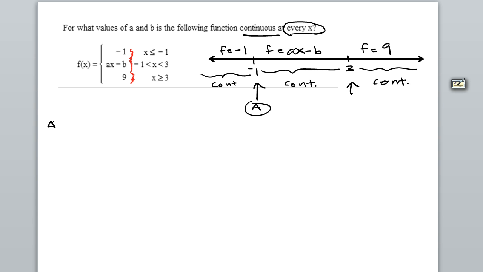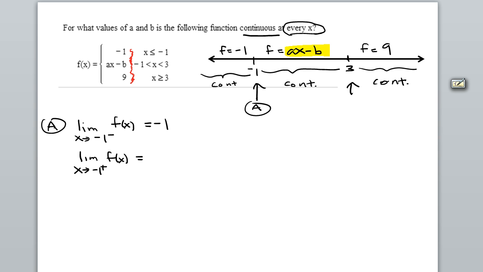And so let's go to the first thing, point A here, where the limit as x goes towards -1 from the left of this function is -1. The limit as x goes towards -1 from the right of this function is ax minus b, but we're evaluating it at -1.